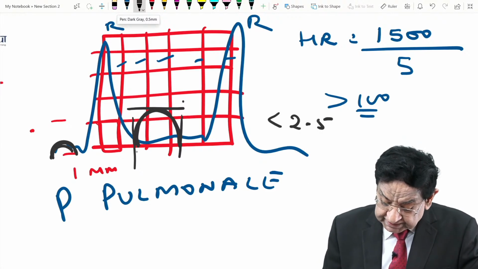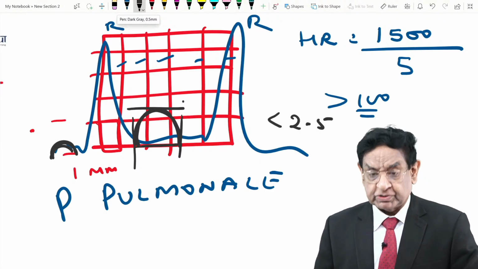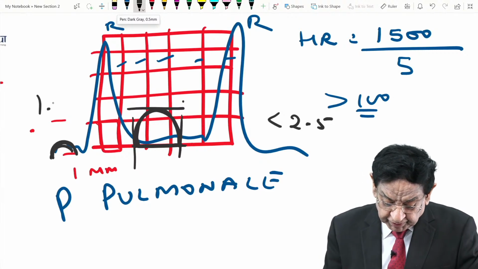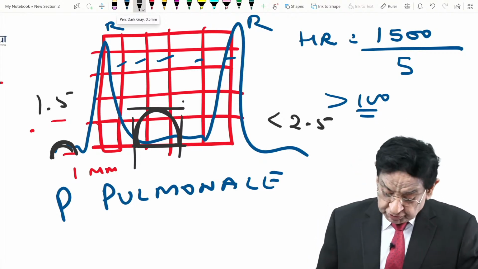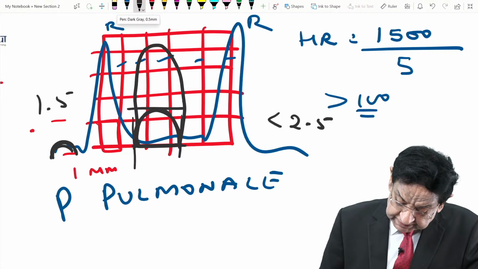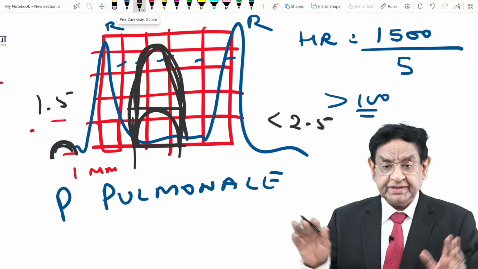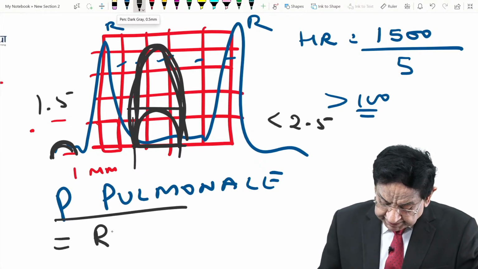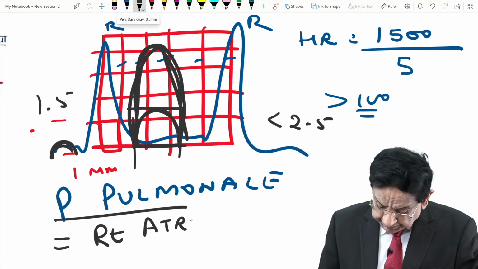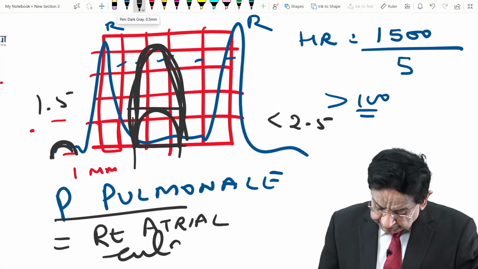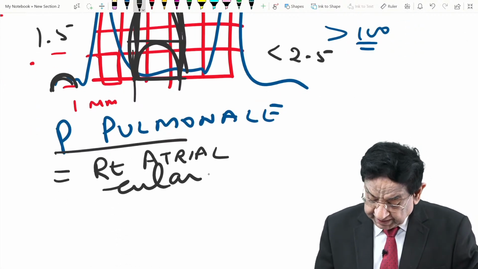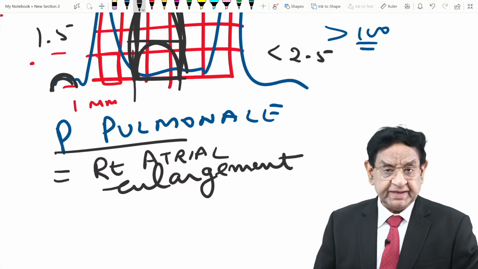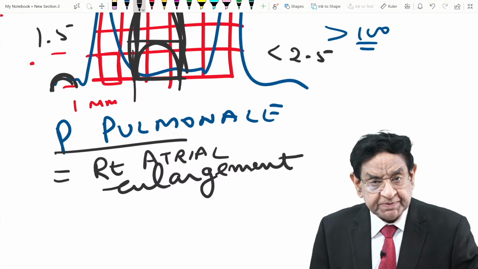You can see in this case the width is 2.2 small squares and the height is only 1.5 small squares. So if you get a tall P wave like this, width is normal but tall P wave, we call it P pulmonale, that indicates right atrial enlargement. That we classically can see in tricuspid stenosis.